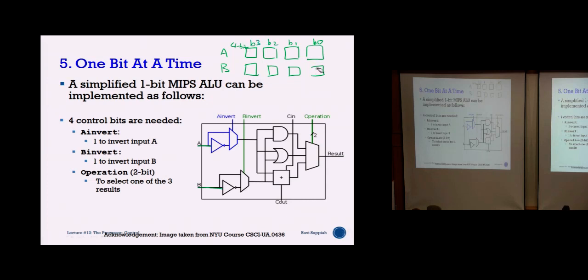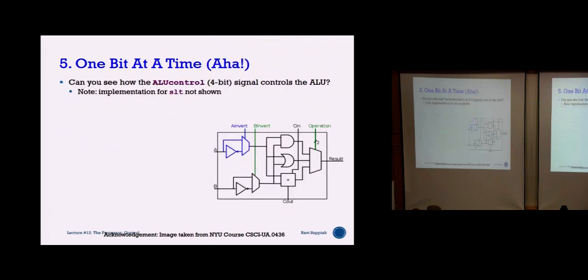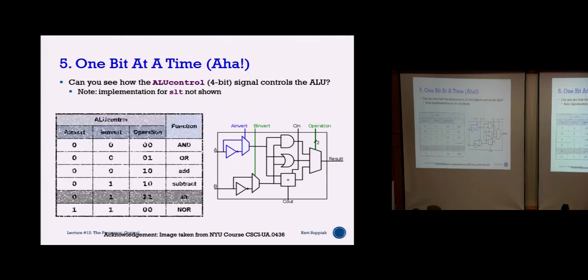What they have drawn here is just a single bit block that will look at 1 bit at a time. So inside this block, what do you see? You see A, you see B, and you see 4 control lines: A invert, B invert, C in, and the operation.